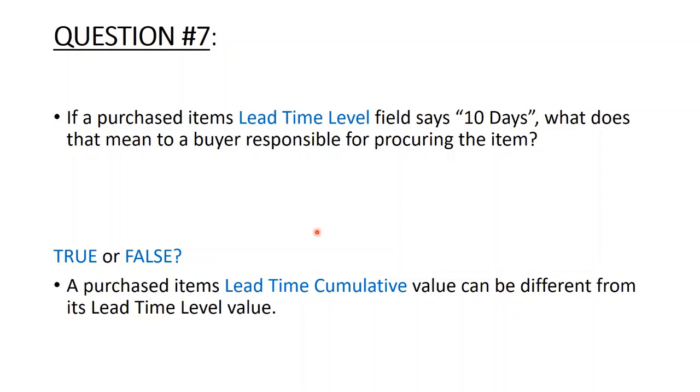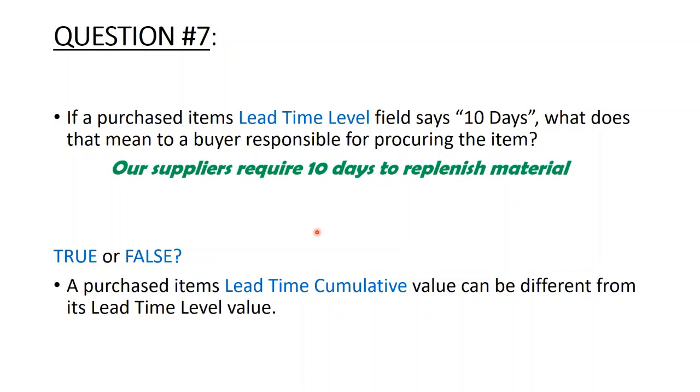Next question. If a purchased item's lead time level field says 10 days, what does that mean to a buyer responsible for procuring the item? If you said our suppliers require 10 days to replenish material, you get a point. Next question, true or false?